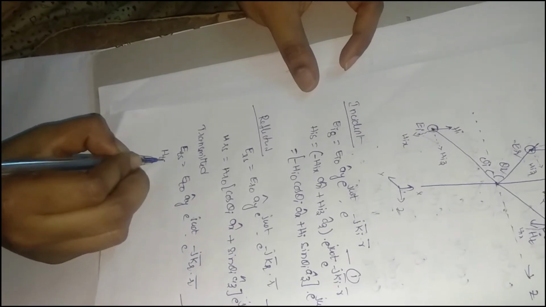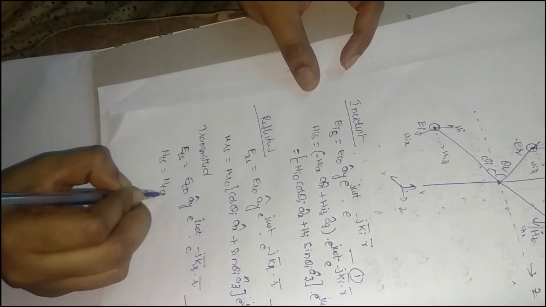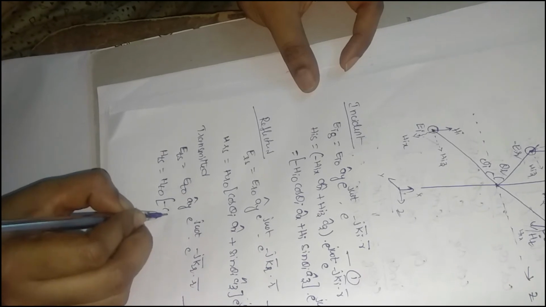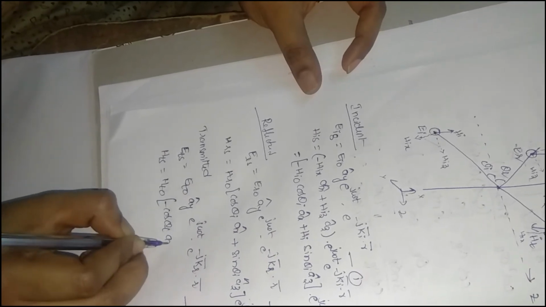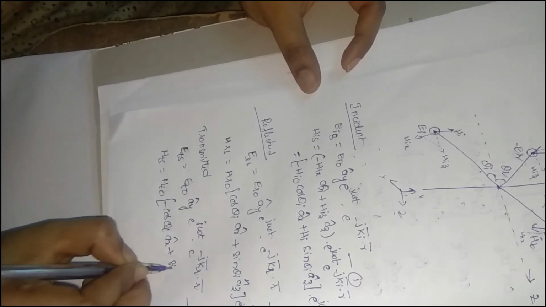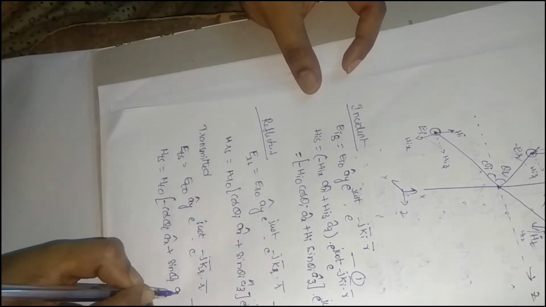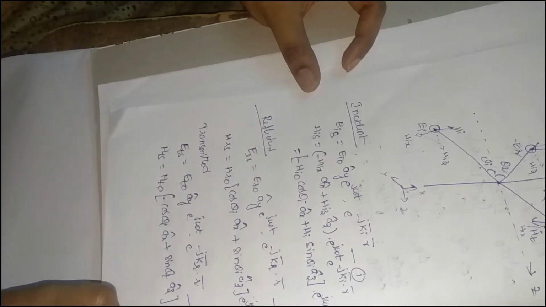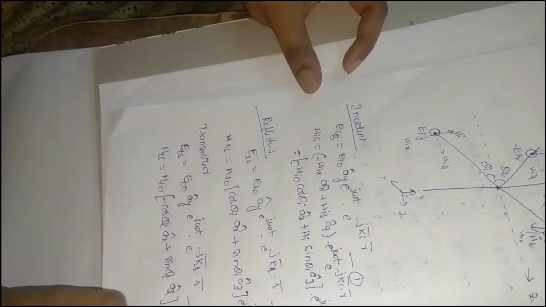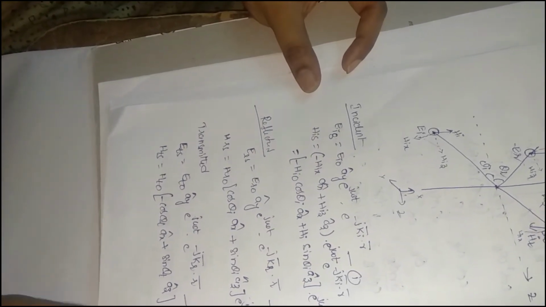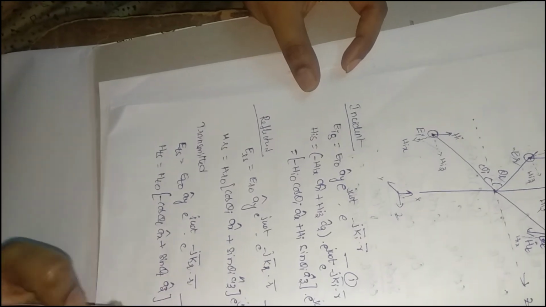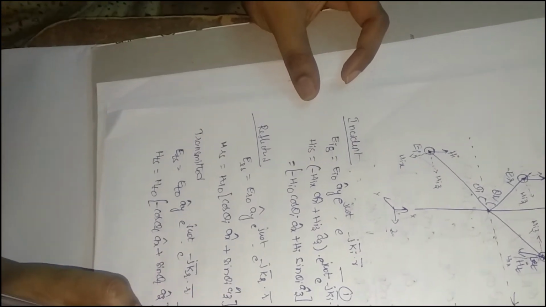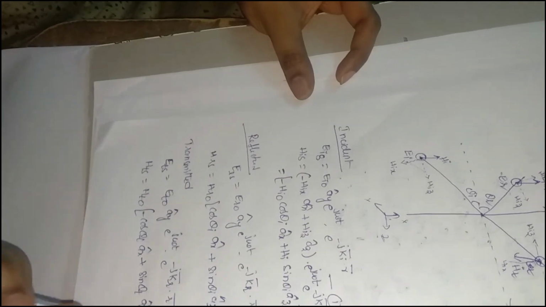And the magnetic field component is HT0 into minus cos theta t AX cap plus sin theta t AZ cap, e power j omega t into e power minus j kt bar dot r bar. If you want, you can expand this kr dot r bar from the earlier explanations.